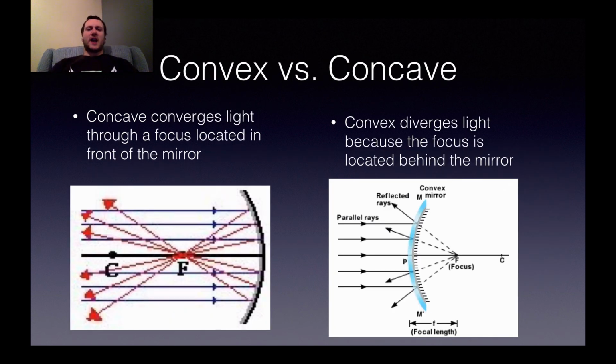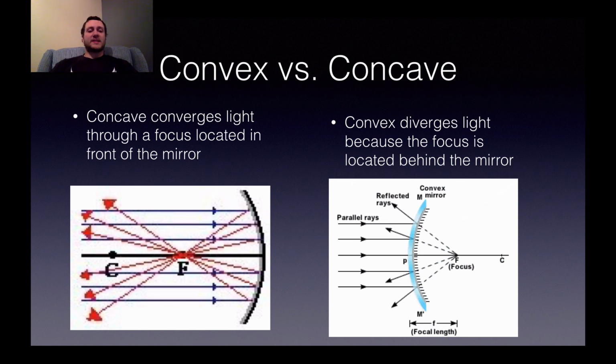So that's the last look at concave and convex, just so you can see a physical difference here. Concave on the left, that light is going to converge through that focus in front of the mirror. That's why when you're outside of that focal length, so on this diagram, you would be to the left of that focus, your image is going to be inverted and it's going to be smaller than the actual object itself, thus making it real.